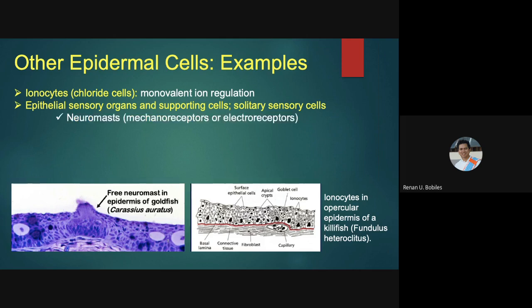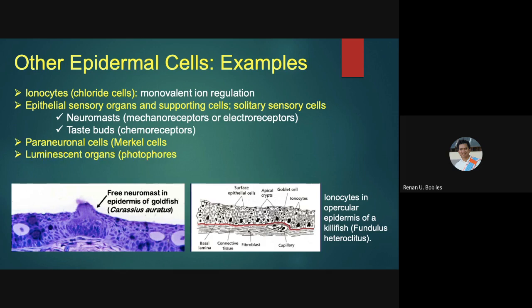Epithelial sensory organs and supporting cells, solitary sensory cells, like the neuromast, which is a mechanoreceptor, taste bud, a chemoreceptor, okay? Paraneural cells, or the Merkel cells. It is a receptosensory cell that releases signal substance.